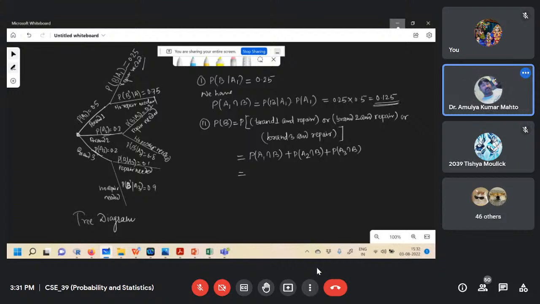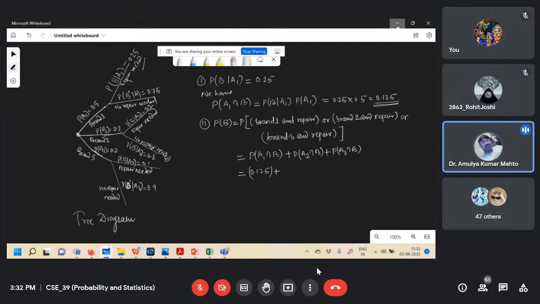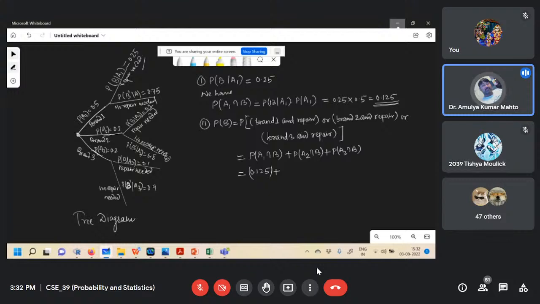The first one will be 0.125, the same as what I obtained here. The second one will be A2, so this is the probability of B given A2, 0.2 into 0.3, so this is 0.06.